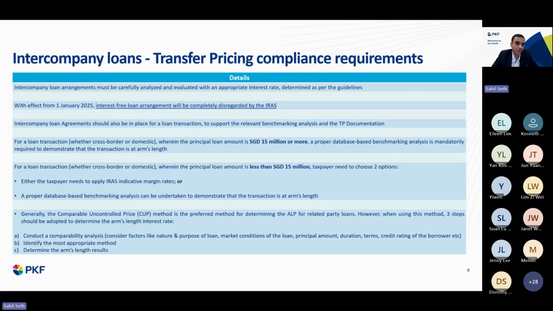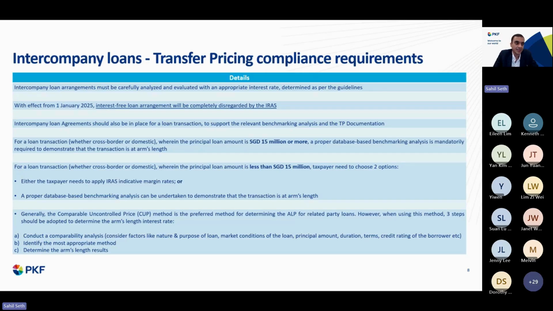Now, for a loan transaction, if the value is less than 15 million, then there are two options available. Either one can just apply the indicative margin rates available on the IRS website, which they publish for every financial year. Or if the company wants to have a more robust kind of analysis, then a proper database based benchmarking should be there.